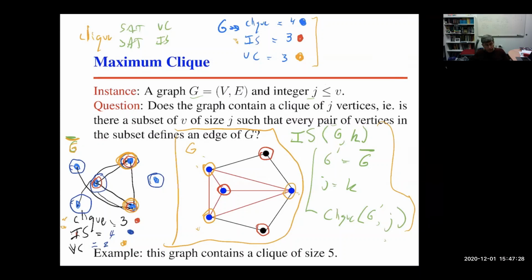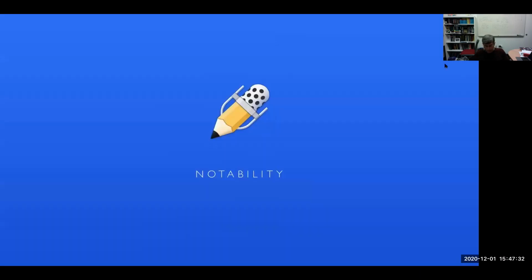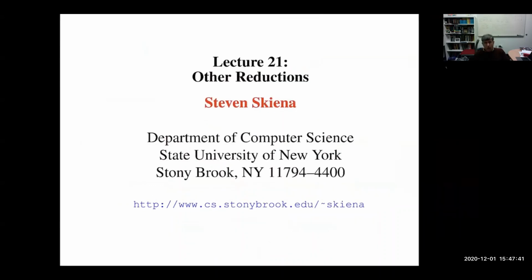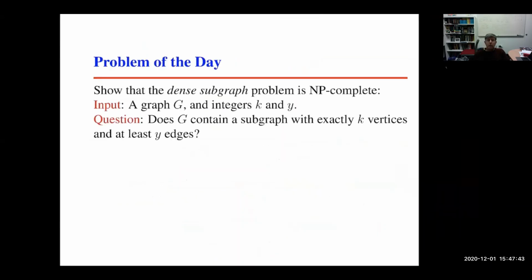Okay. If that's true, I want to do the problem of the day now. Let me see if I can get set up here. Okay. What is the problem of the day? The problem of the day says, prove that the densest subgraph is NP complete. What is the densest subgraph problem?